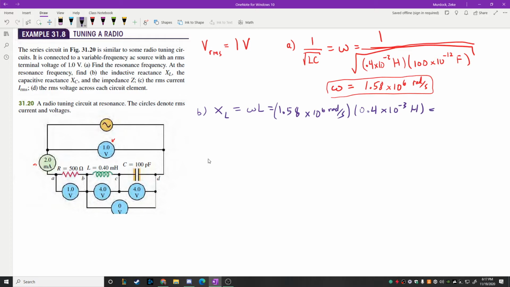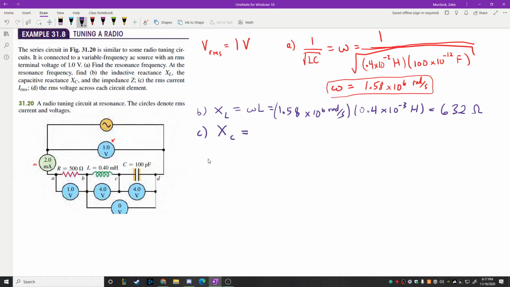Let's see what that is. I get 632 ohms, because it's inductive reactance.